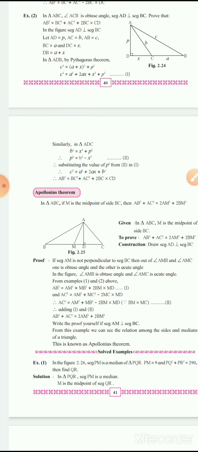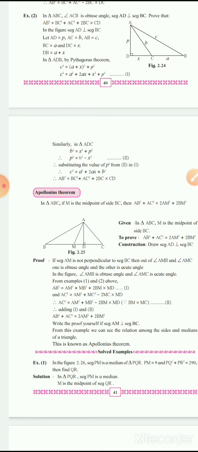Here let us see, in triangle ABC, if M is the midpoint of side BC, then AB square plus AC square is equal to 2AM square plus 2BM square.